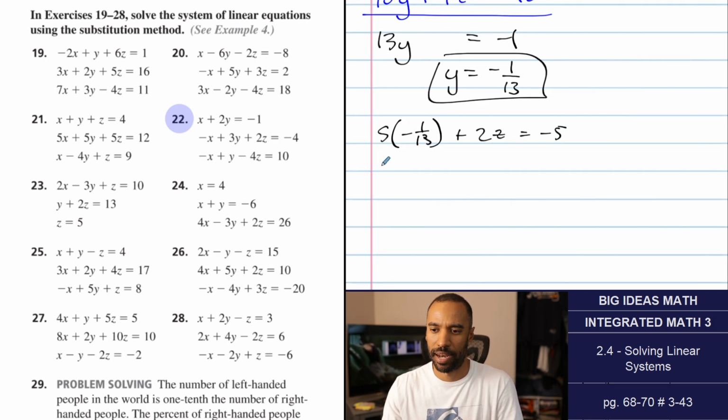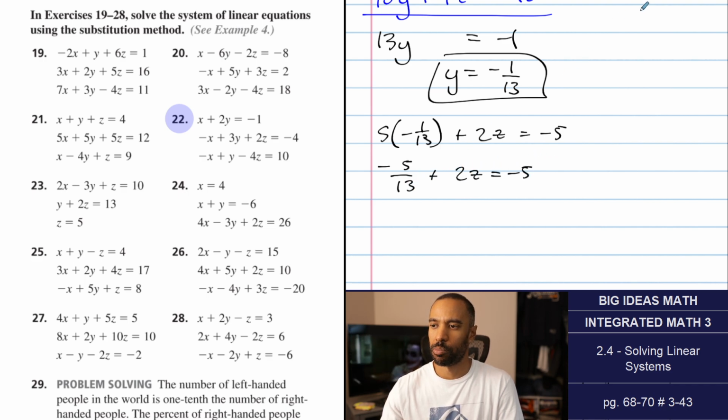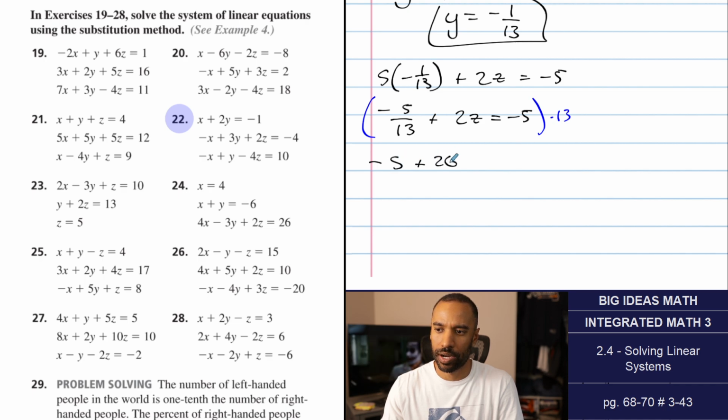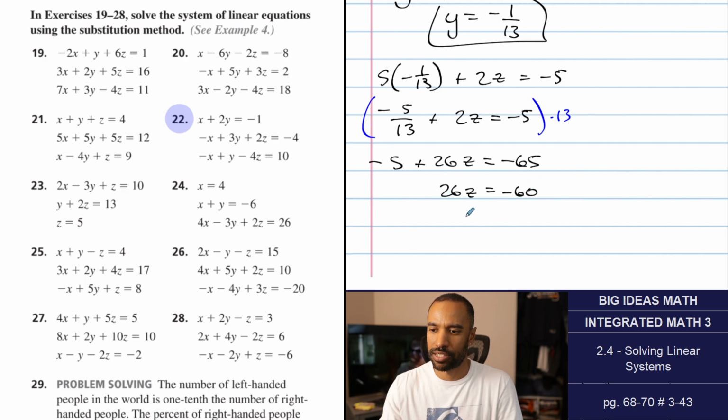You know I'm going to multiply by negative 13 at some point here. Negative 5/13 plus 2z equals negative 5. All right, let's multiply both sides by 13. And let's get negative 5 plus 26z equals negative 65. Add 5 to both sides and divide both sides by 26.